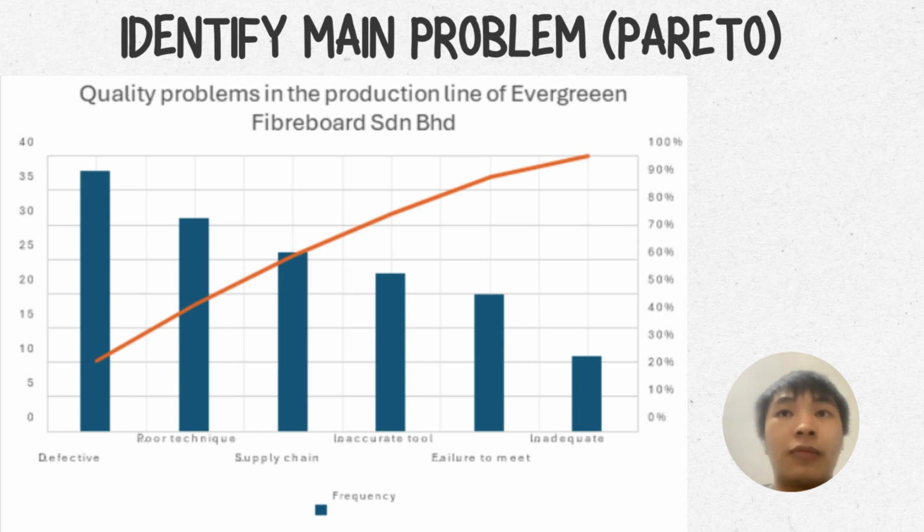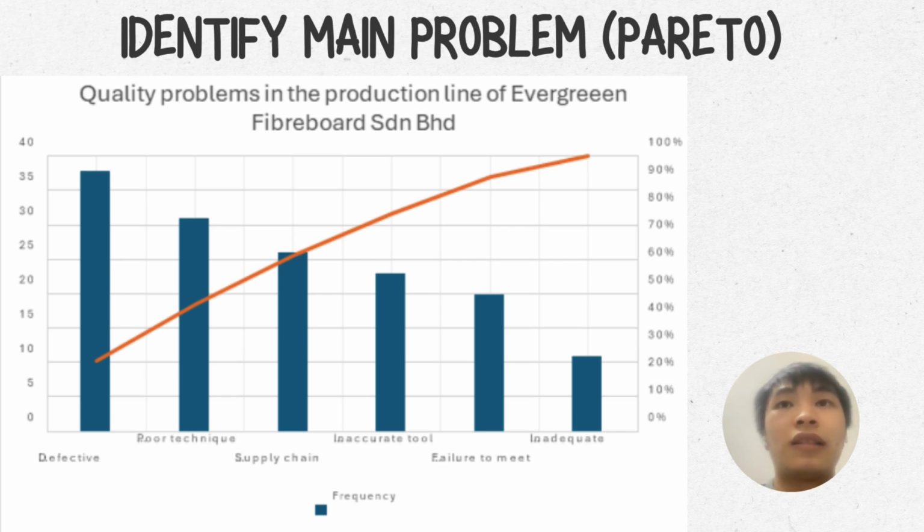There are 6 problems that have been faced by Evergreen Fiberboard Sendirian Berhad, which are defective product, techniques for testing and inspection, supply chain inefficiency, inaccurate tool or measurement utilization, failure to meet industry standard, and the last one is inadequate training.